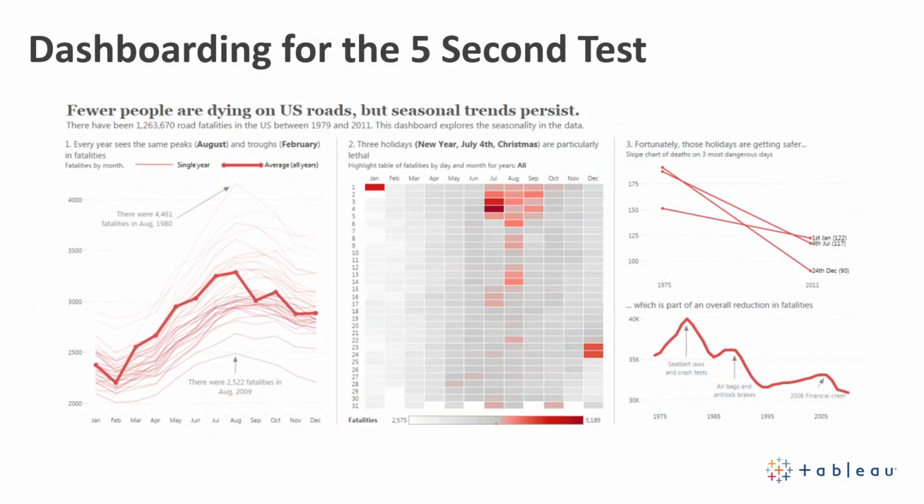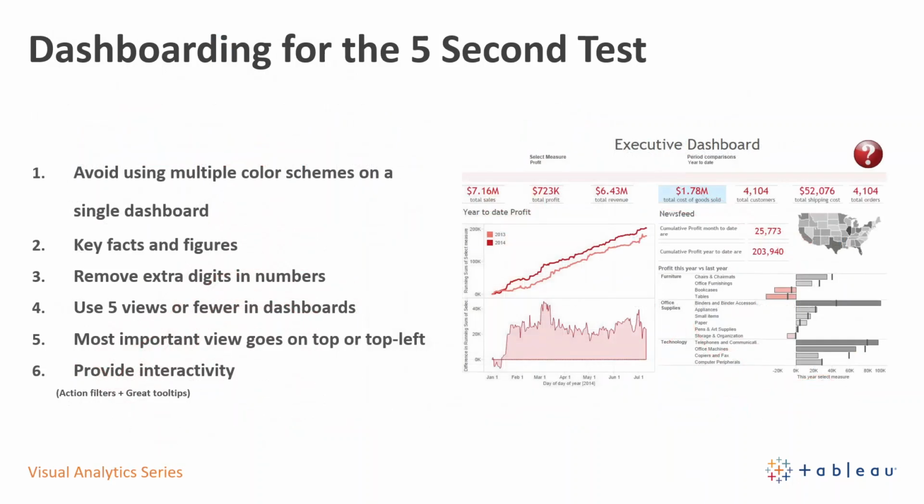But at the same time, you don't want to make every component of the dashboard identical. So it's good to know different variations of line charts, like slope charts and other types. Here, the heat map of time for road fatalities helps us to see what stands out.